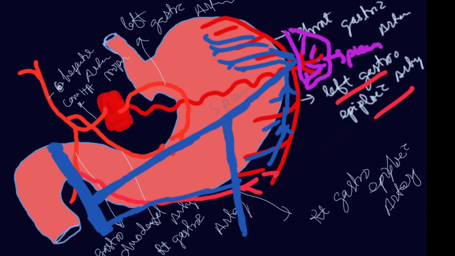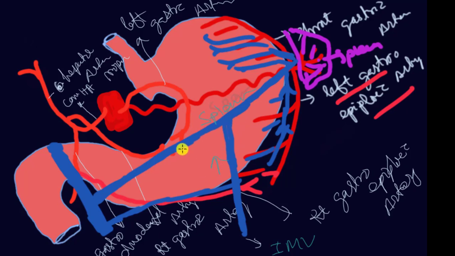Here, I will use another color. This is your inferior mesenteric vein. The inferior mesenteric vein goes upward and drains to the splenic vein.